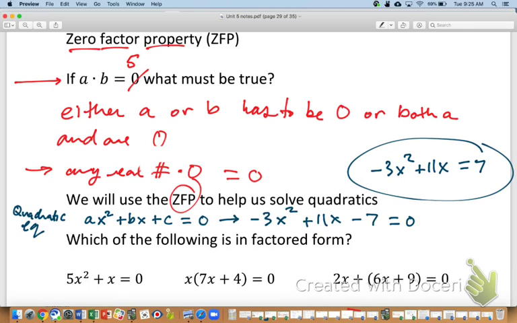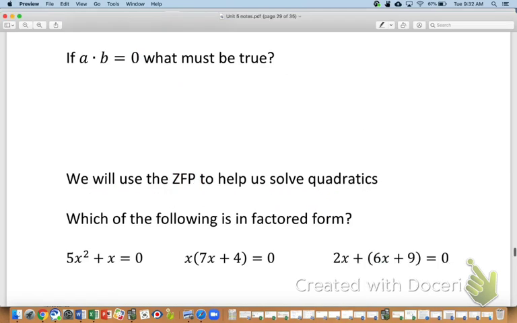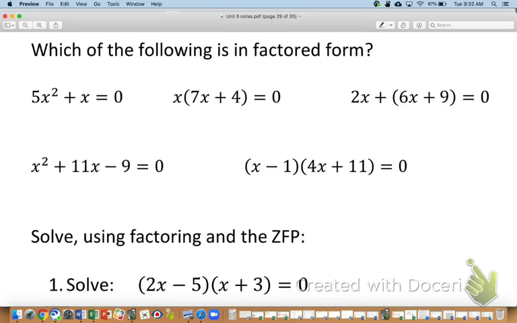Okay? So I thought I would give you guys just a minute here to review what factoring looks like. And so if you would, take a look at this little exercise coming up here. There's 5 of them, it looks like. Which of the following, of the 5 there, is in factored form right now? So take a minute and next to each of those, write factored or not. Indicate which of those you think is in factored form and which of those you think are not in factored form.